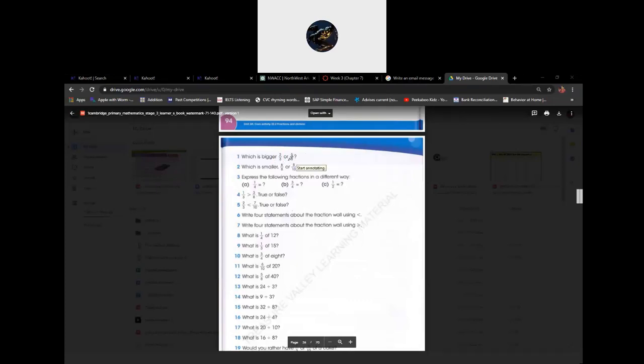Then I multiplied the denominator and got 20, and you multiply the 5 by 3, because in order to get 20 from 4 you have to multiply by 5.